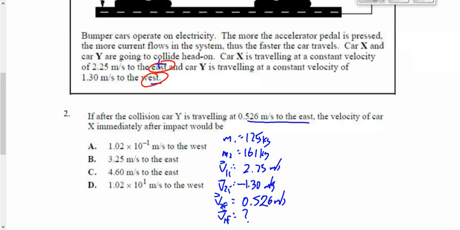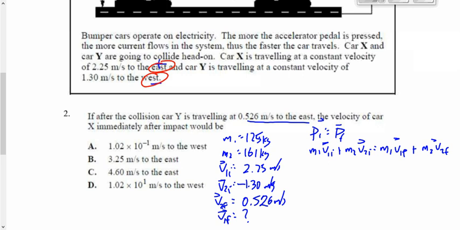But they're all pretty much the same, right? There are slight variations, but the way we tackle them, they're all the same. Context can be completely different, but the problems themselves aren't really. We're going to say M1 V1I plus M2 V2I equals M1 V1F plus M2 V2F. Same thing we always go through.